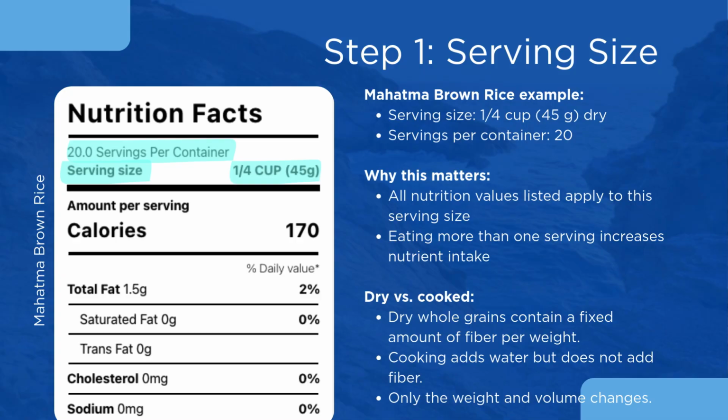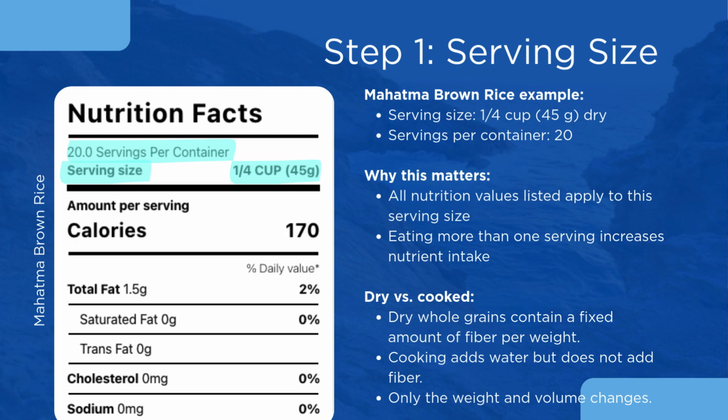Okay, so we're going to start with nutrition facts. I am going to be mentioning Mahatma brown rice throughout this video as our example. For step one, we look at serving sizes. We want to check the serving size because all the nutrition information is based on this amount.